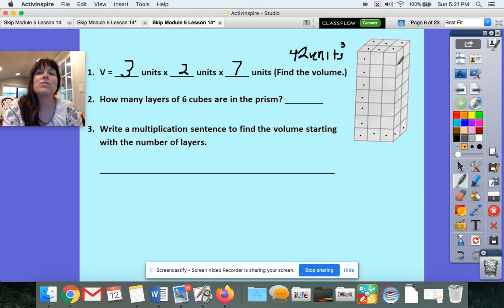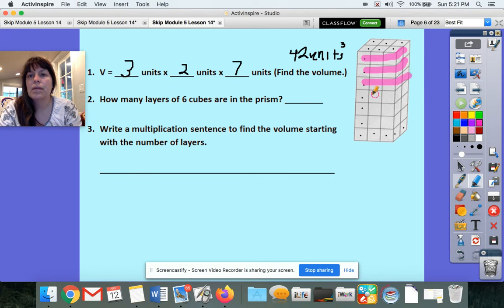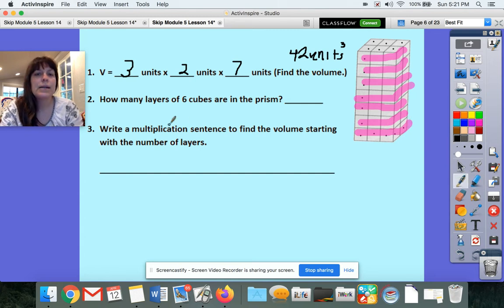So how many layers of 6 cubes are there? I'm going to go ahead and count them out. And I see there's 1, 2, 3, 4, 5, 6, and 7. So that would be 7.